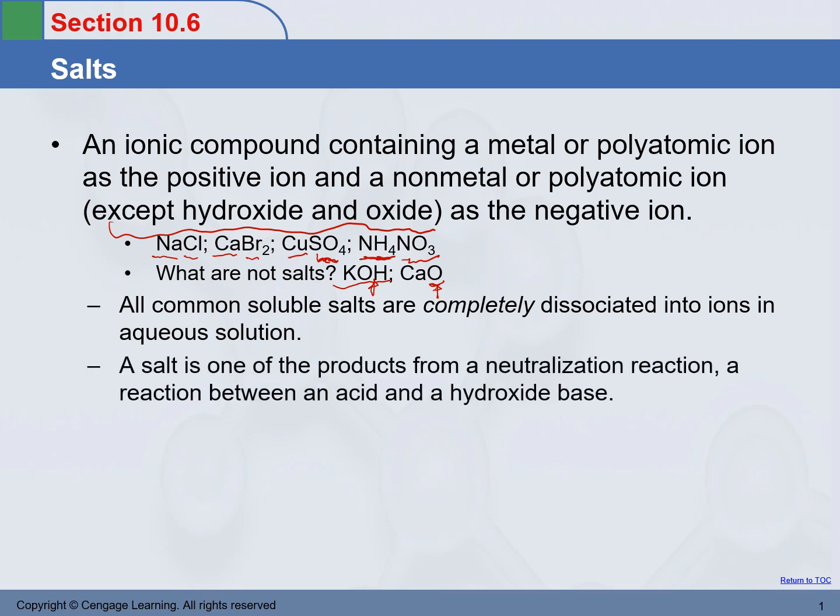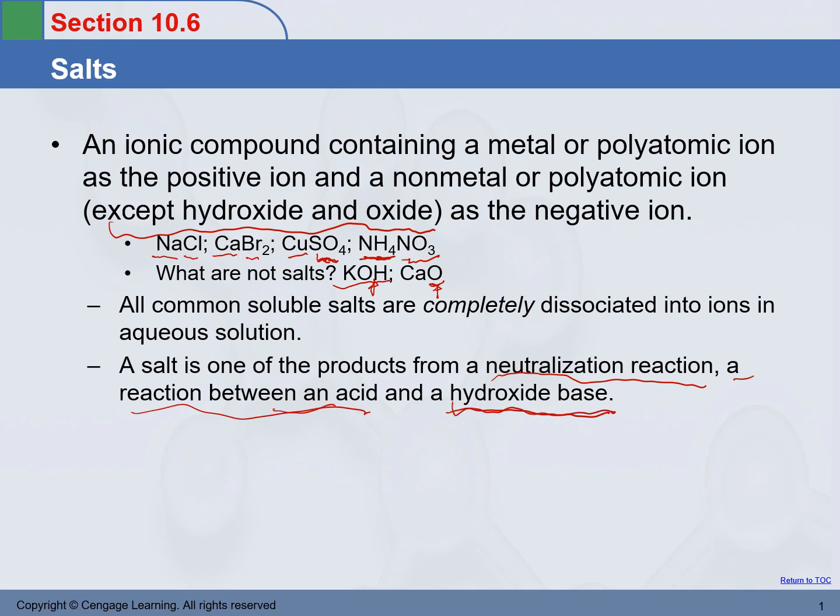A salt is one of the products from a neutralization reaction, a reaction between an acid and a hydroxide base. We don't know what the reaction is right now. We don't have any example yet, but we know what a hydroxide base is.